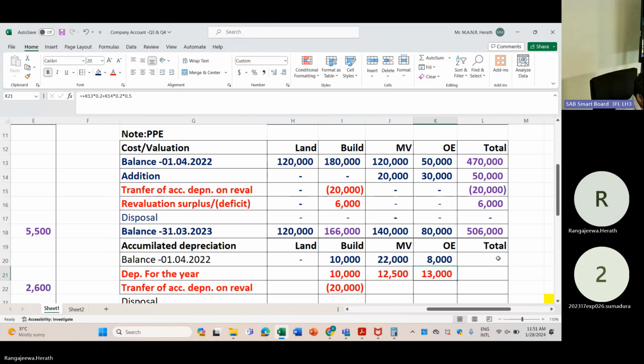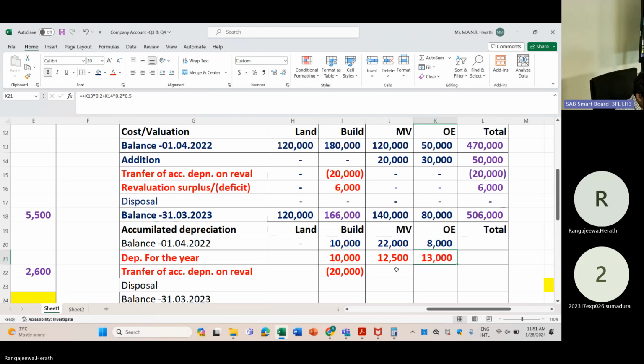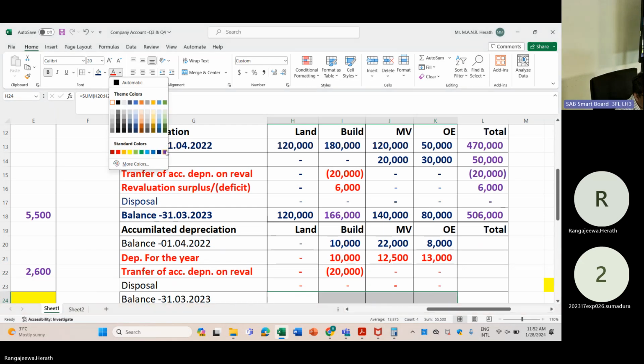So you can complete the PP note. ඒකේ disposal නැහැ. Can have the accumulated depreciation.